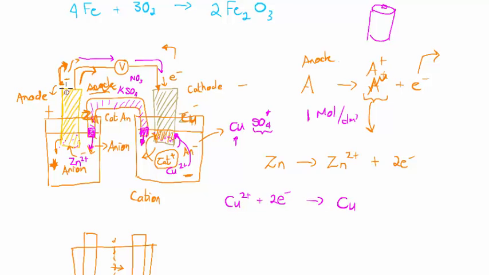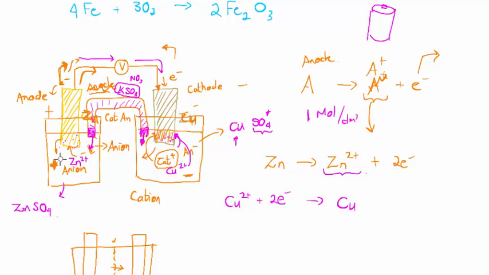Okay, now on this side, what had happened is we had zinc ions donated. Okay, and so because zinc ions were donated into this solution, it would have started with zinc sulfate as an electrolyte solution, and then as time goes by, the potassium sulfate will donate.